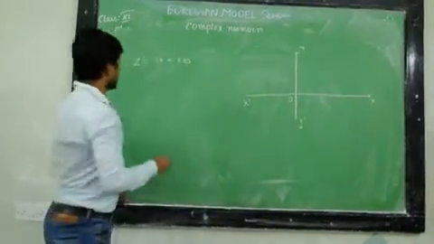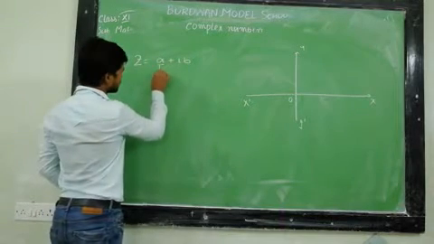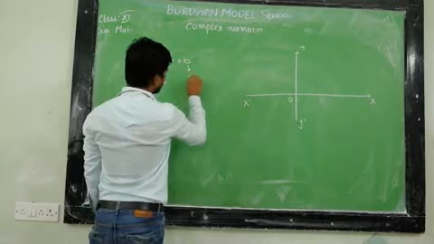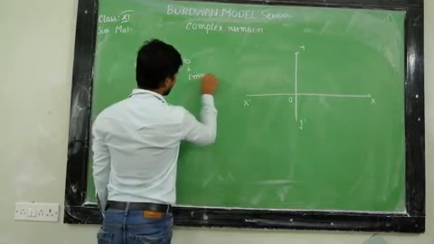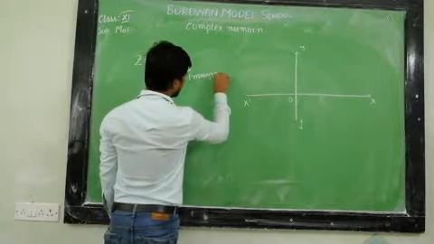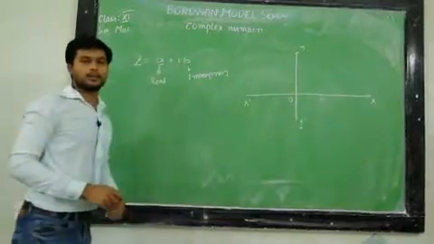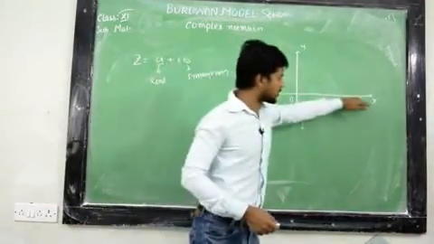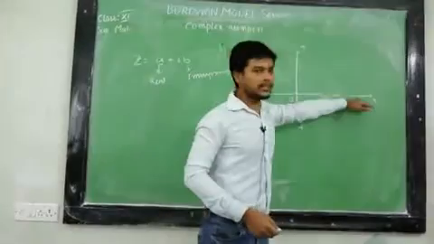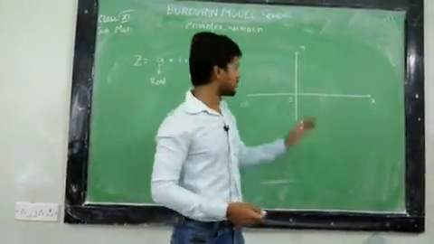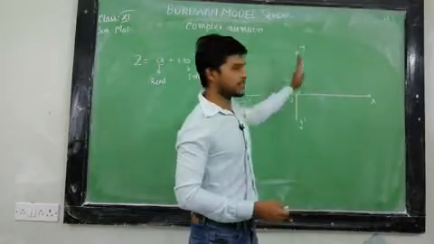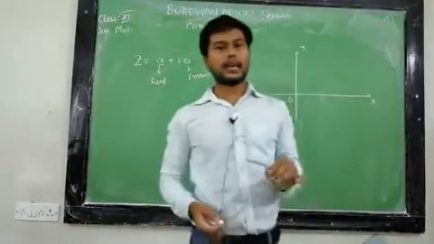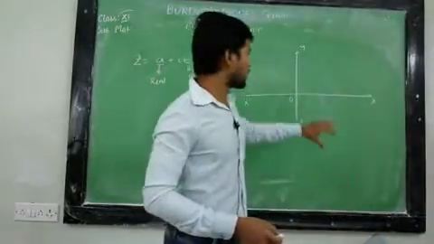Now this is the real part of the complex number and this is the imaginary part of the complex number. Now if we consider this horizontal axis as the real axis and this vertical axis as the imaginary axis, then we can put any complex number on that plane.